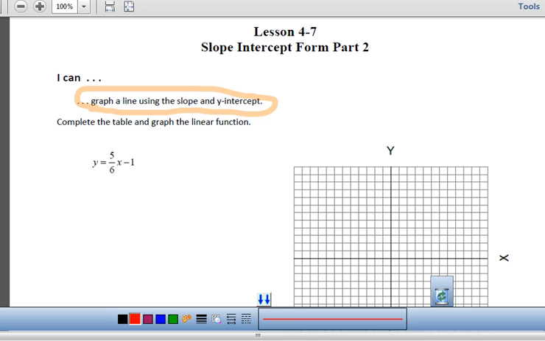And there's a couple things I want to point out. One is that we're not going to be using a table. We could, and you certainly are welcome to make a table if you want to, if you want to make sure your values work and that your line is okay.